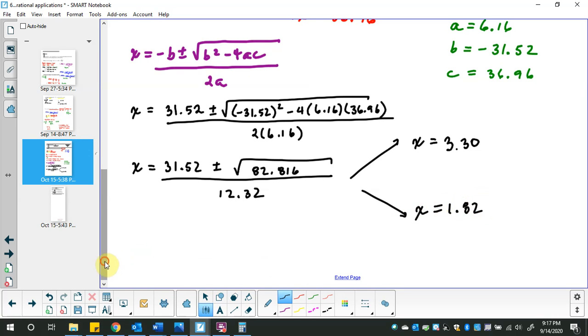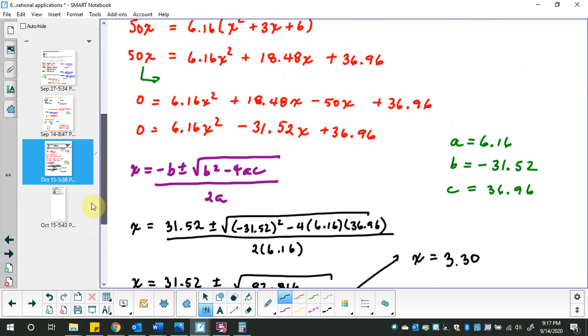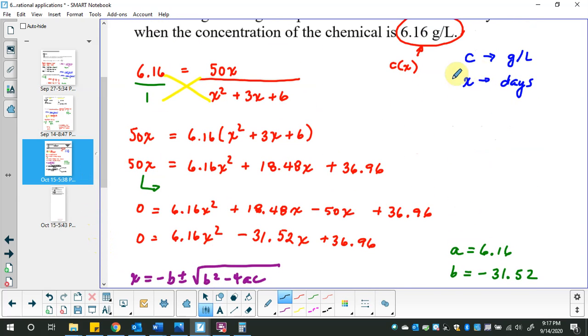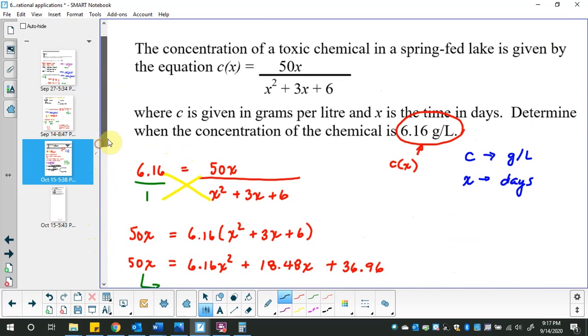And I don't have to look very far to find out that because those are x's, I'm dealing with days. So basically, if I remind you what this question is all about, it's about when the concentration of the chemical is 6.16 in this spring-fed lake.